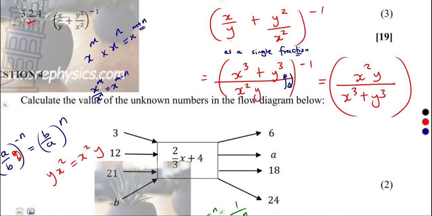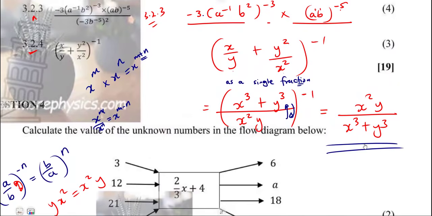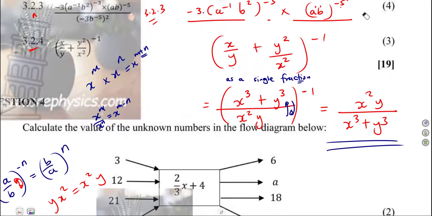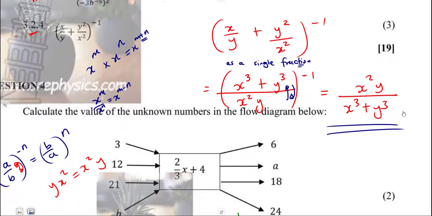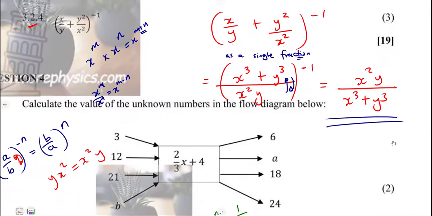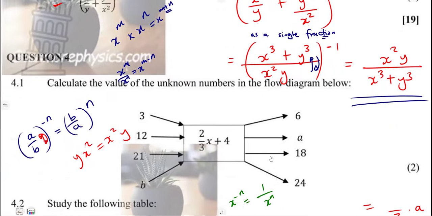Anything to the power of 1 remains as it is, so there's no need of writing the exponent of 1. All right, so it was a simple question. It was just a matter of playing around with the information that you are given.